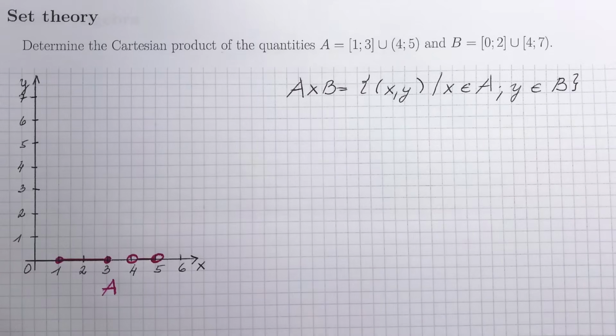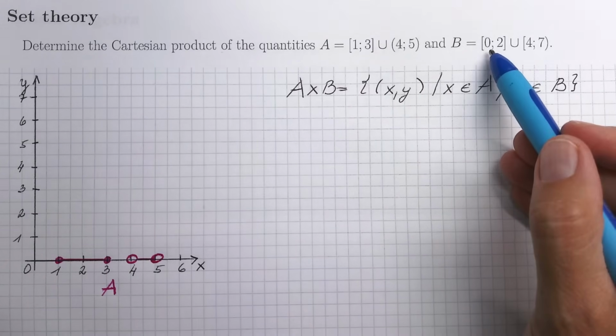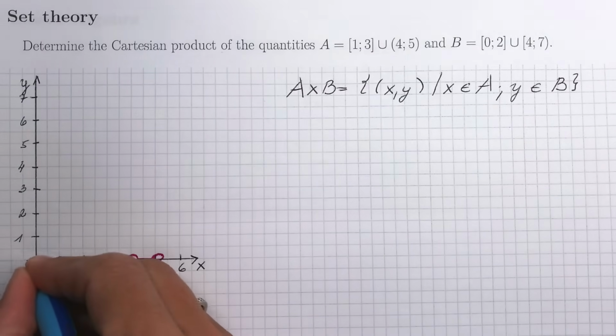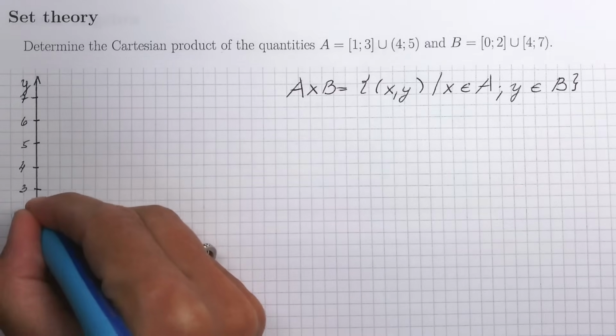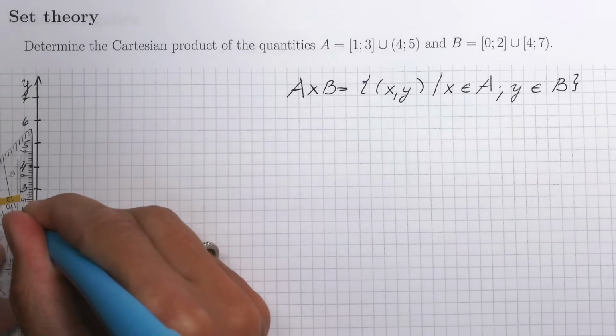And now let's go to B. B here is the closed interval between 0 and 2. So again, closed interval. We take the bullet points between 0 and 2 and all the real numbers in between.